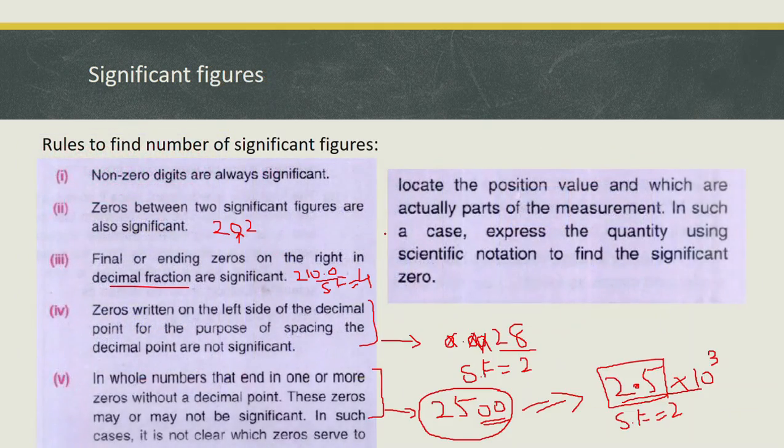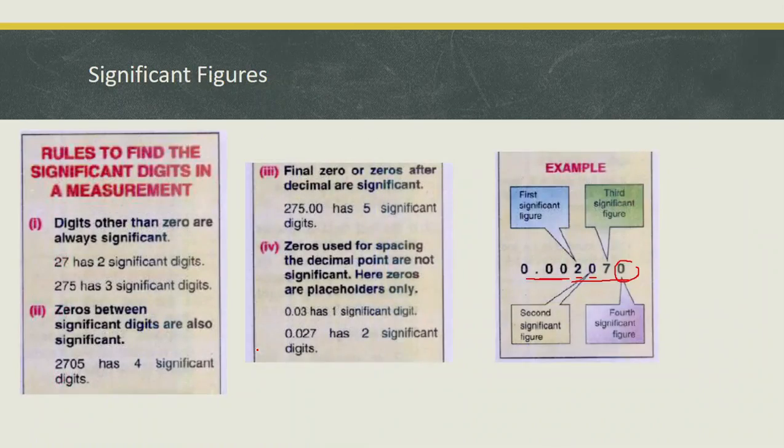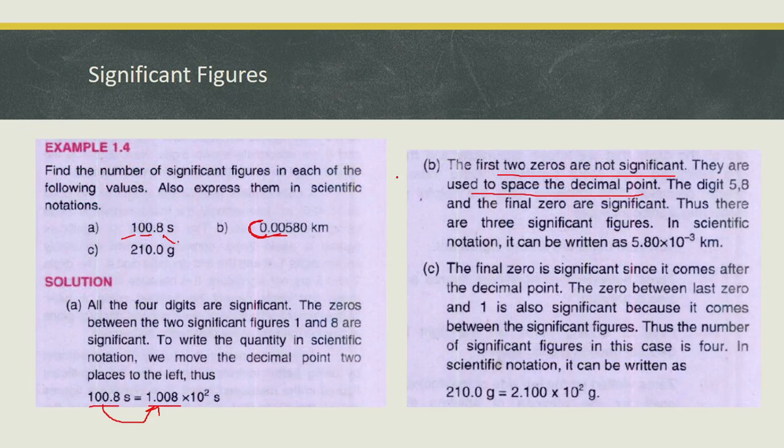Zeros written on the left side of the decimal point for the purpose of spacing are not significant. That is why these two zeros are not significant. So if we write in scientific notation, when we move this point after 5, it will be 5.80 times 10 raised to power minus 2.